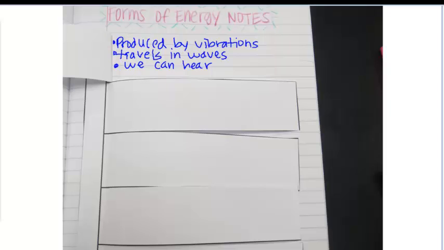Our next form of energy we said was light. Okay, so light energy, let me get to my flap. Okay, so light energy, now sound we can hear, light we can see. Okay, so we're going to use this word visible. It's a fancier word for see. So energy visible to us.